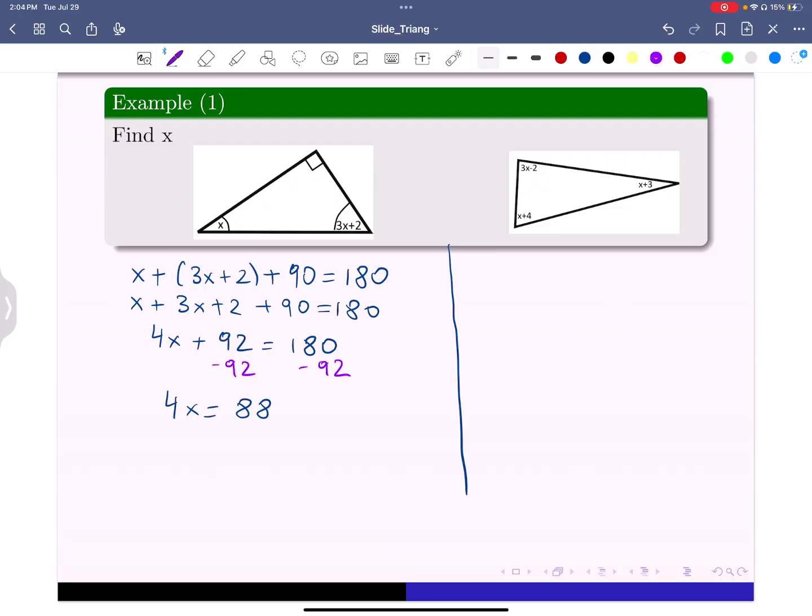To isolate x, we divide by 4, and x is equal to 22. So this angle would be 22, but this other angle we would need to multiply 3 times 22 plus 2. But the question only asks us to find x.